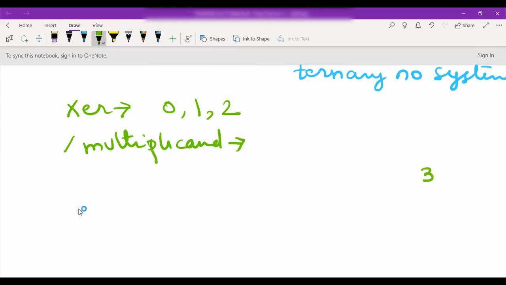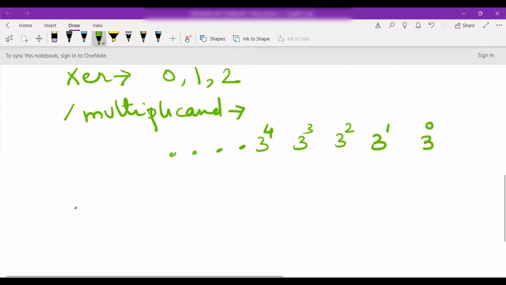So 3 will be the base, and we are going to consider all the powers of 3: 3 raised to 0, 3 raised to 1, 3 raised to 2, 3 raised to 3, 3 raised to 4, and so on. Now 3 raised to 0 indicates what? Let us write here again: 3 raised to 0, 3 raised to 1, 3 raised to 2. Let me read it.